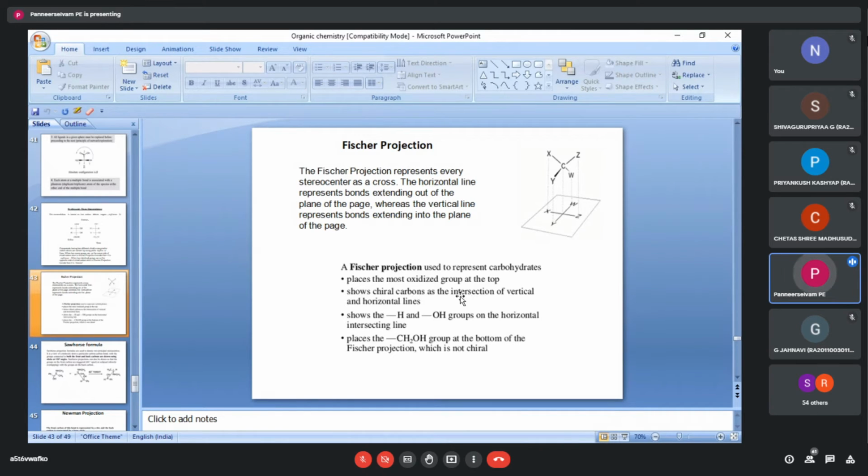The chiral carbon is at the intersection of a vertical and a horizontal line. So this is a chiral, asymmetric carbon, and the HOH groups are on the horizontal intersecting line.